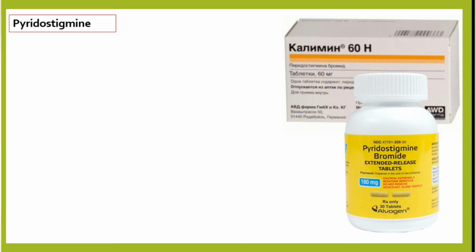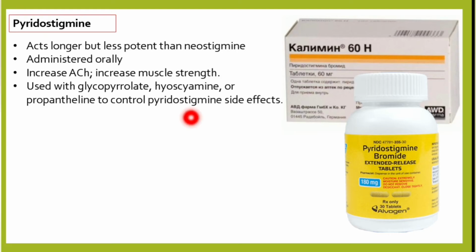Pyridostigmine, right? So pyridostigmine is also known as Kalimin. This drug acts longer but less potent than neostigmine. It is administered orally, and it increases acetylcholine, right? So the other drugs which we talked about, all of them, they increase acetylcholine in the synaptic gap.